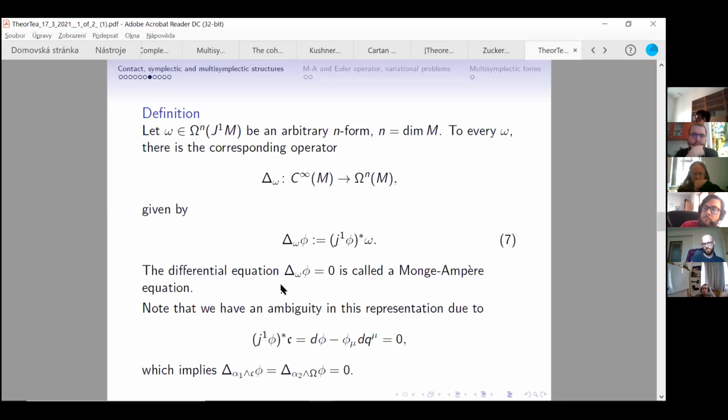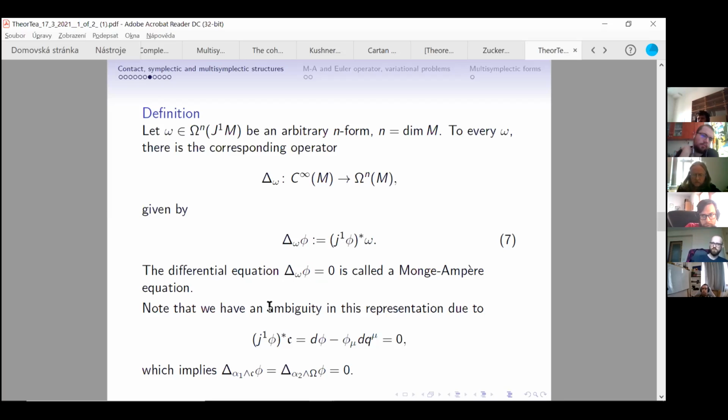If we have fixed some volume form on the base manifold M, then this expression describes a partial differential equation, and it is called the Monge-Ampere equation.